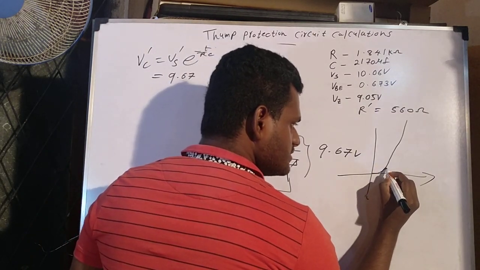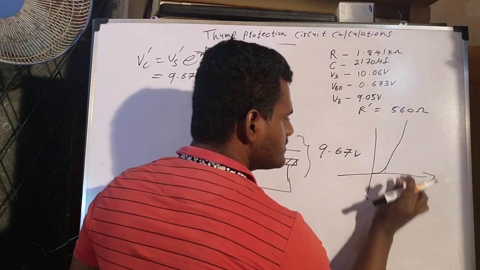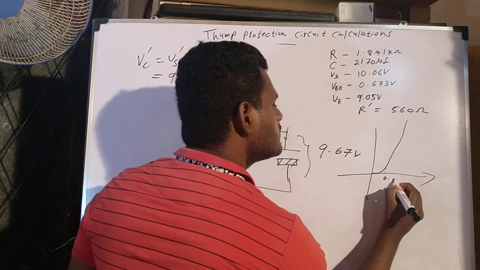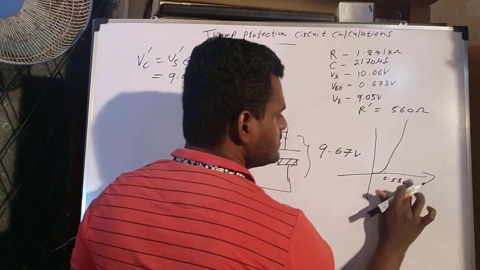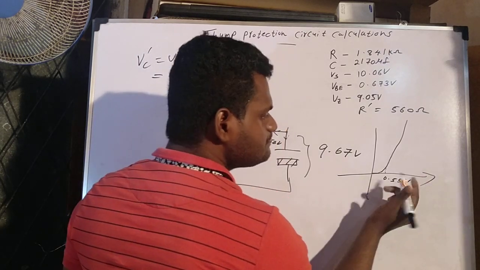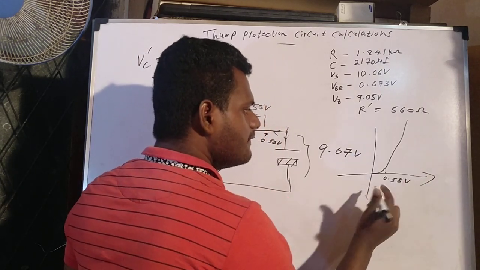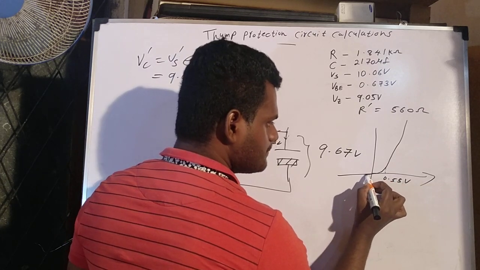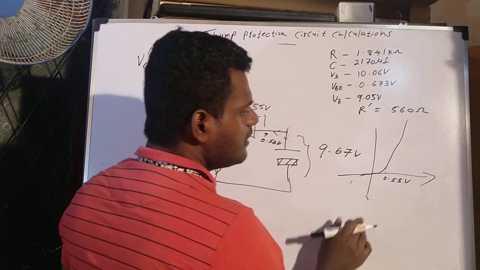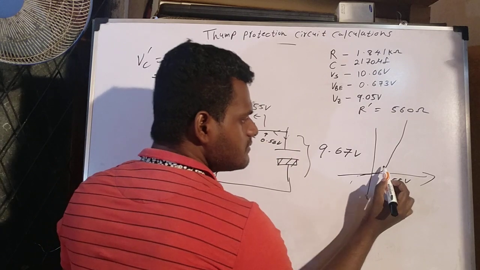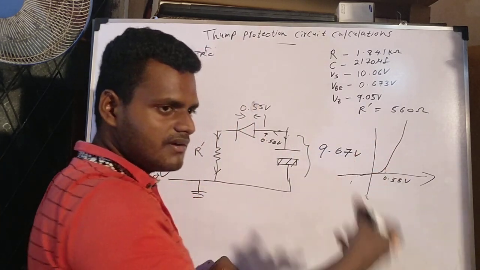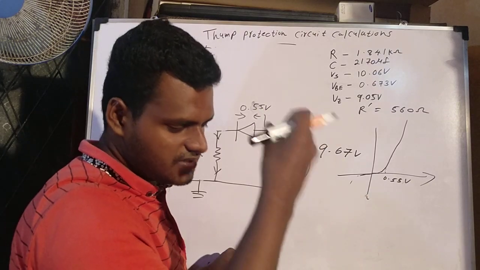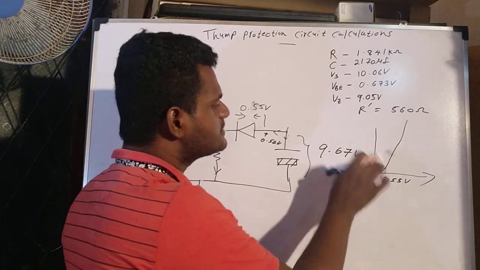So if we take this as the value, that starting point is now our 0.5 volt according to this practical diode. Then after that, the conductance is somehow stopped, not perfectly stopped.